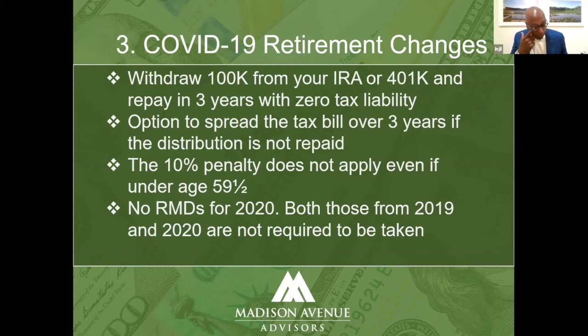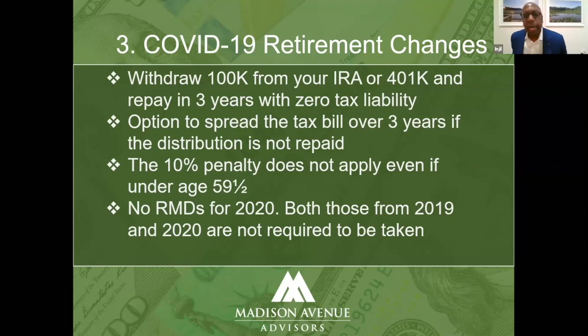Now, if you take the money out, when you file your 2020 return next year in 2021, you have the option to say, hey, I'm gonna write a check for all of it, or I want to spread my tax over a 3-year period. So let's say you took out $90,000. I'm gonna use that number, just easy to work with.